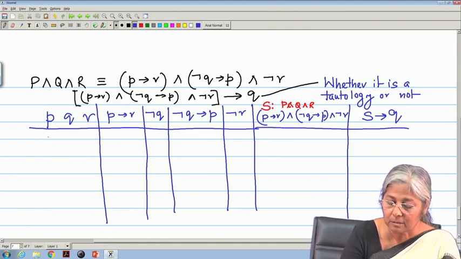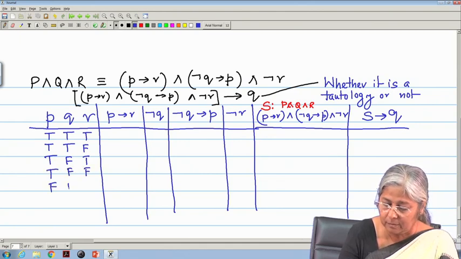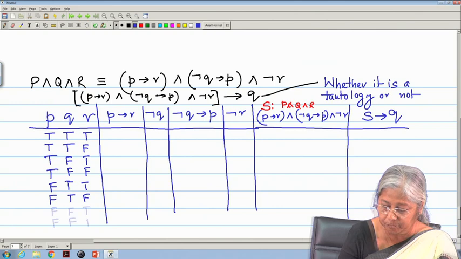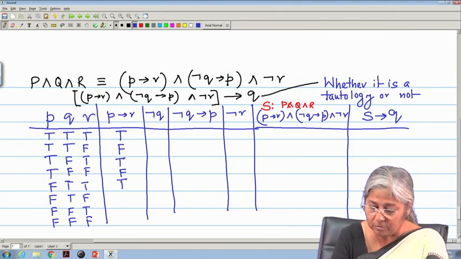So, I take all assignments of P, Q, R. Then P implies R: T implies T is true, T implies F is false, again true, again T implies F is false, and when P is F, all are vacuously true.